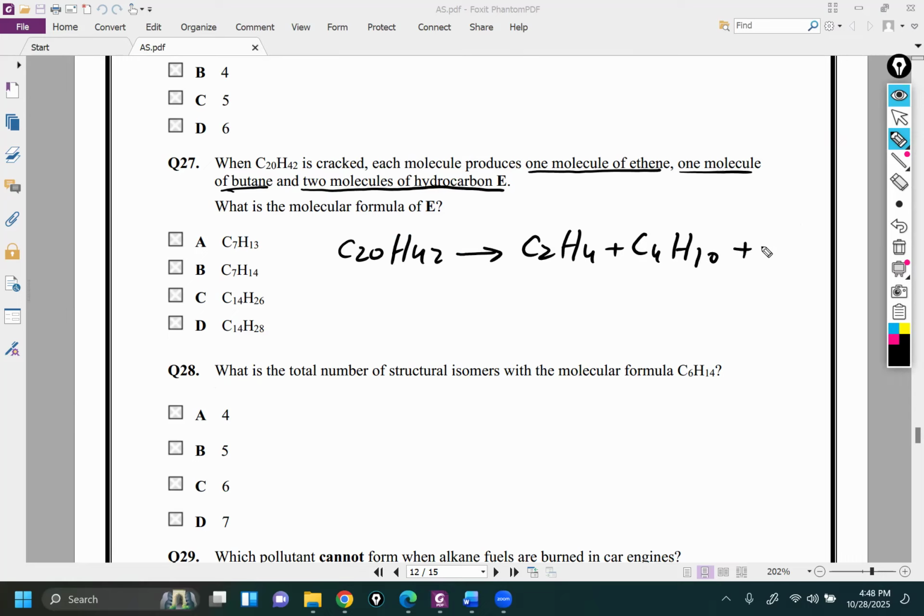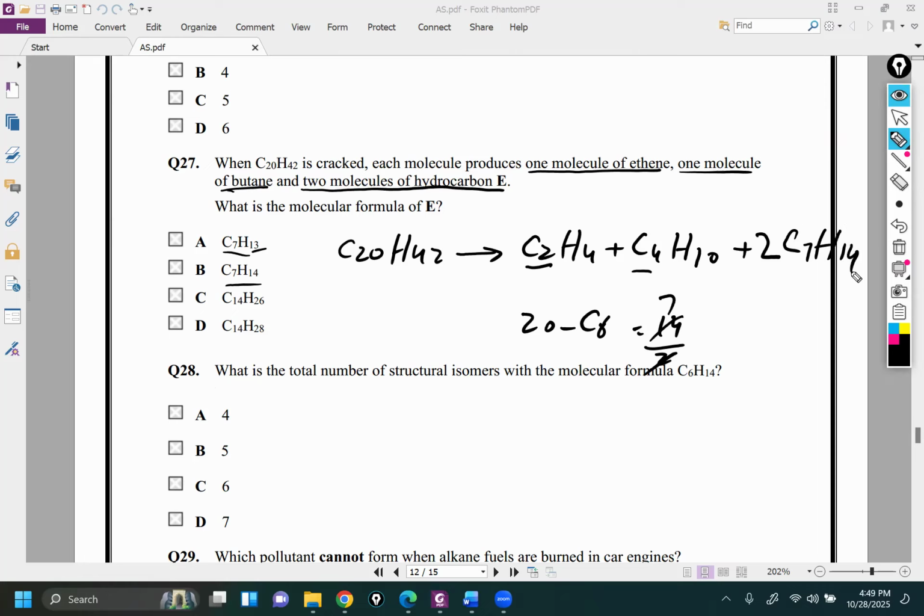Now, two molecules of the other hydrocarbon, so already we placed 6 carbons and 14 hydrogens. So 20 minus 6, how many carbons are left? 14, divide by 2, so 7. So it could be either this or this. Now C7H13 can never be the product. If you write C7H14, it would be the correct answer.